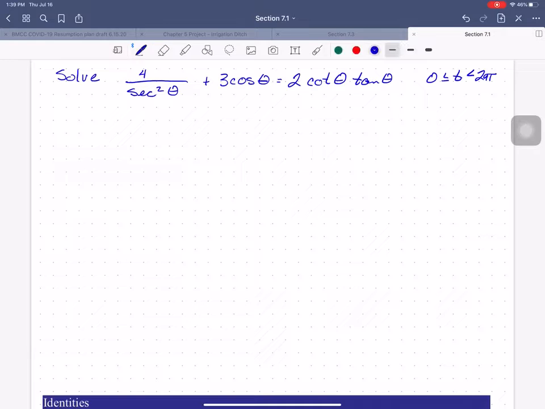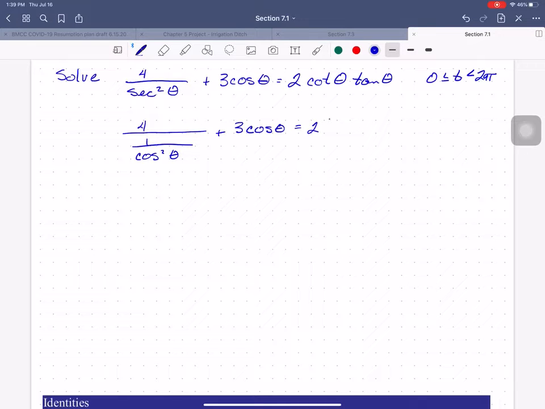All right, so let's turn everything to sines and cosines. So I've got 4 divided by 1 over cosine squared theta plus 3 cosine theta equals 2.